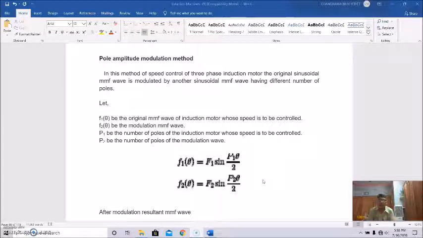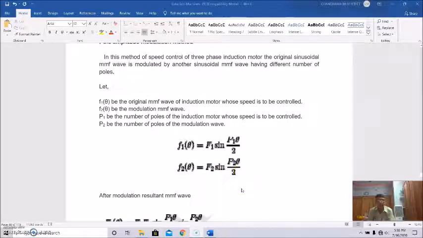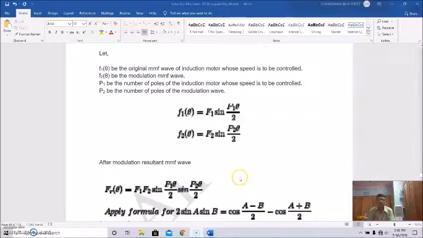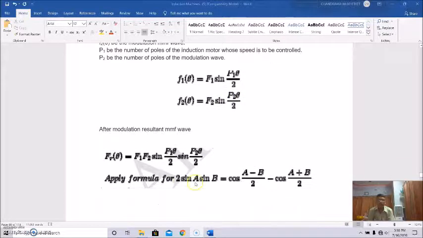Suppose P1 is the number of poles of the induction motor whose speed is to be controlled, and P2 is the number of poles of the modulation wave. Then F1(θ) = F1 sin(P1θ/2), and F2(θ) = F2 sin(P2θ/2). After modulation, the resultant MMF wave will be like this.